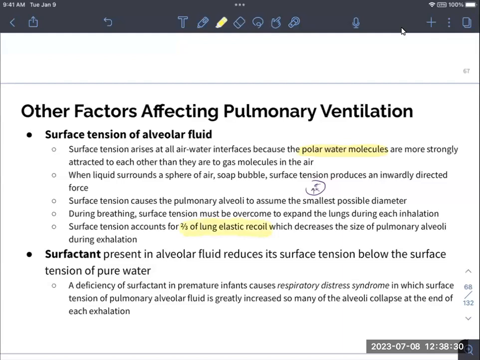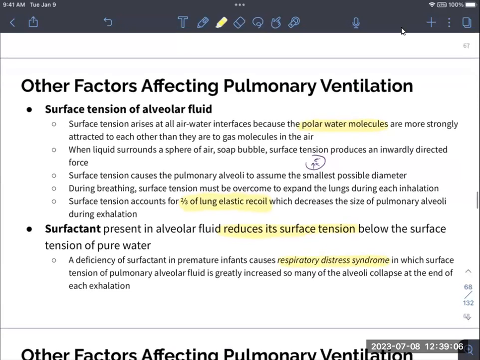Surfactant. We have surfactant that is part of this alveolar fluid. Its goal is to reduce surface tension between the water and that air. Premature babies may be deficient in surfactant. And this is what causes respiratory distress syndrome in newborns.